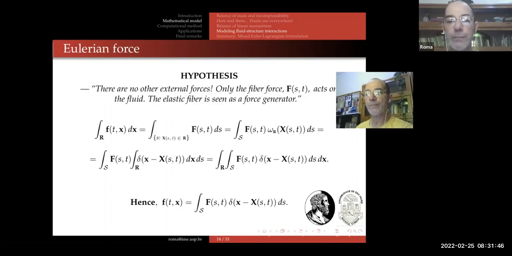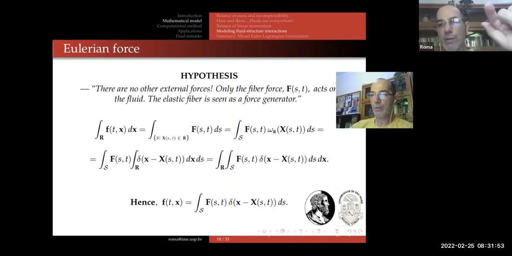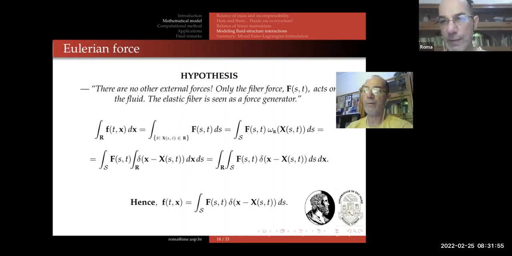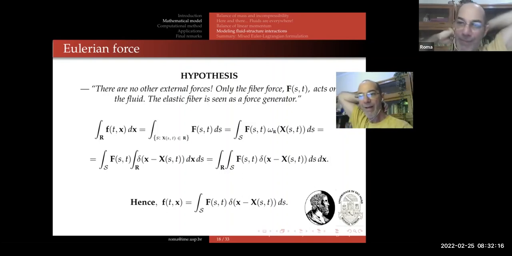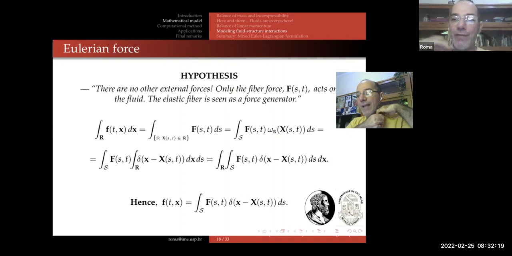So F is just the Eulerian force that I have to include as an external source of forces in the momentum equation for the fluid flow, and it is actually this expression here, and it comes from the elastic forces on the fiber, exactly on the points of the elastic fiber.